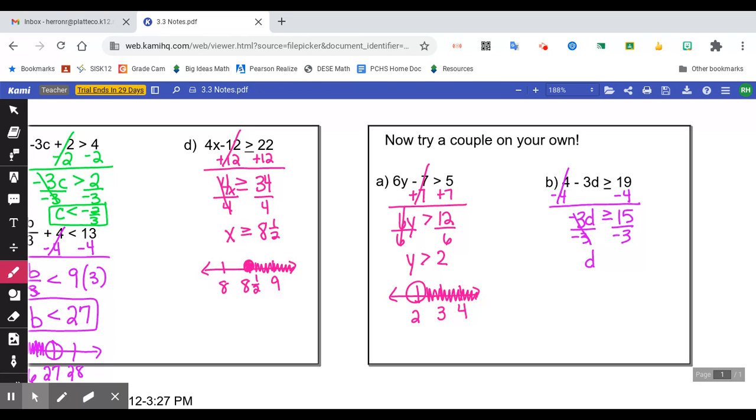I'm dividing by a negative, so I have to flip, which means that my greater than or equal to becomes less than or equal to negative 5. Okay, counting backwards, negative 6, negative 5, negative 4. This would be equal to, and less than goes to the left. Okay, you are ready to go.